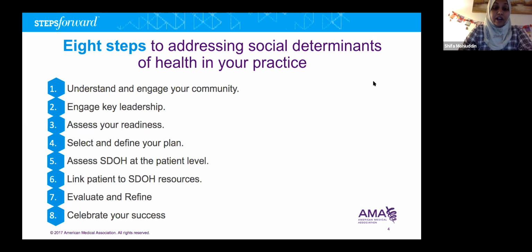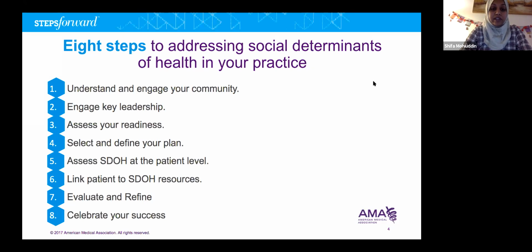Assessing your readiness. Are you ready? Are you fully understanding of what it will take to address social determinants of health? We talk about those issues a lot. Even in our presidential campaign, there were many times alluding to racism, discrimination, health insurance issues, things that might affect us on multiple levels as a society.